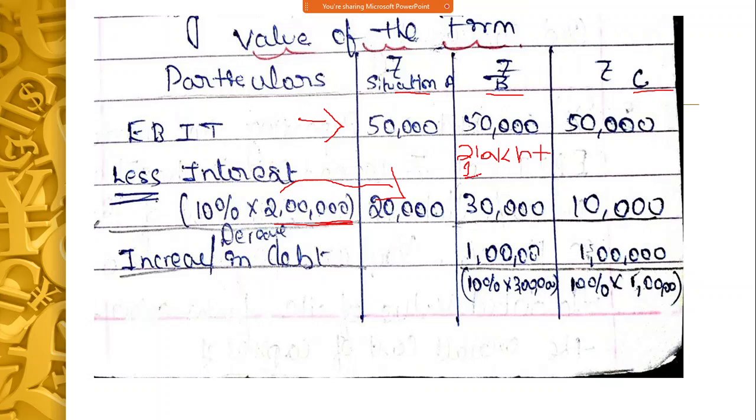So altogether it would be 3 lakhs. Now 3 lakhs into 10% would be 30,000.